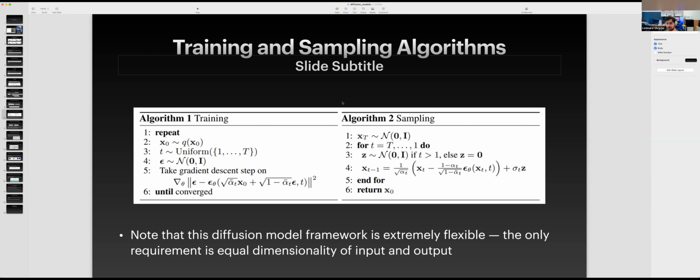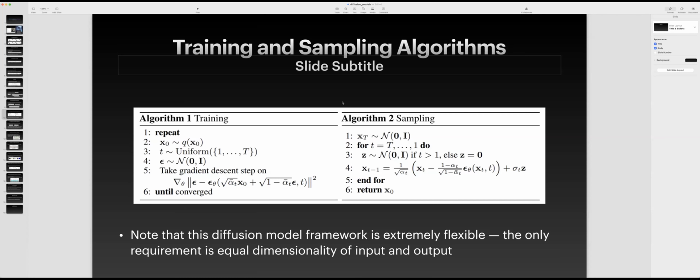I think that the slow step is that you have to sample sequentially. So T can be very large, and you have to remove this noise in sequential steps, one after another. And for high dimensional data, and if your neural network is highly parameterized, that can use a lot of computational resources to sample.